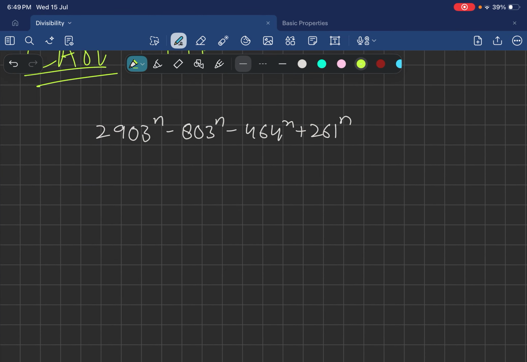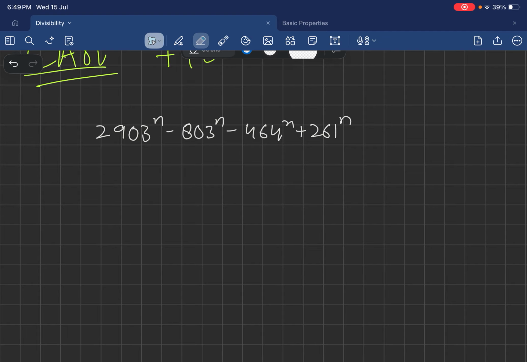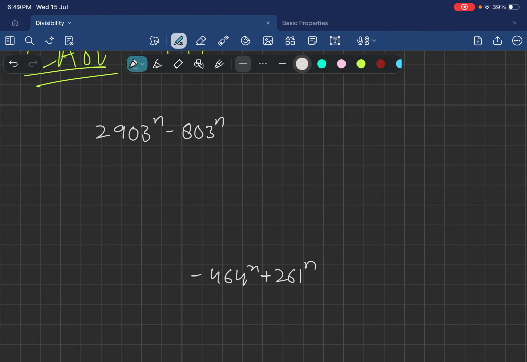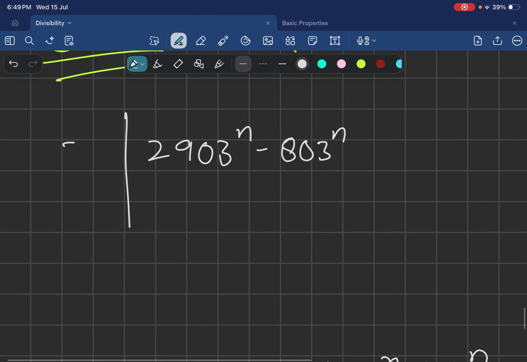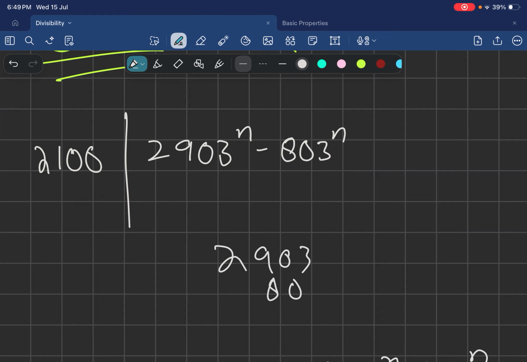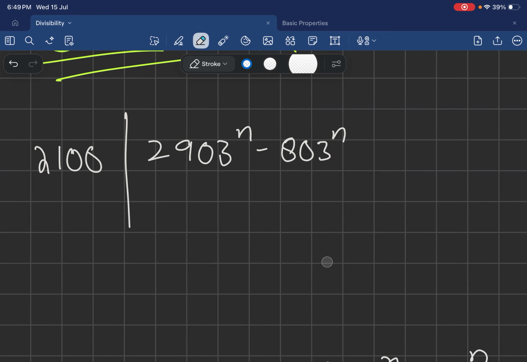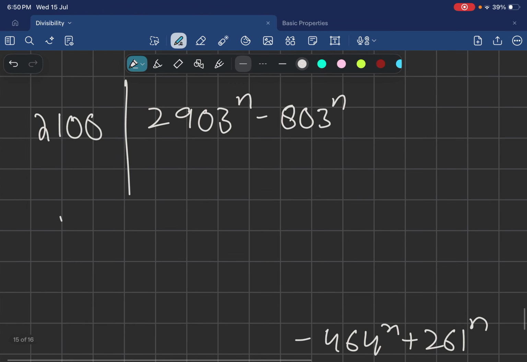Using the property that x minus y divides x to the power n minus y to the power n, we get that 2100 divides 2903 to the power n minus 803 to the power n, because 2903 minus 803 gives 2100.